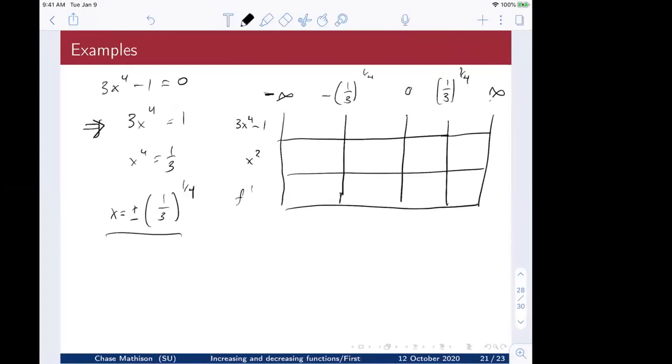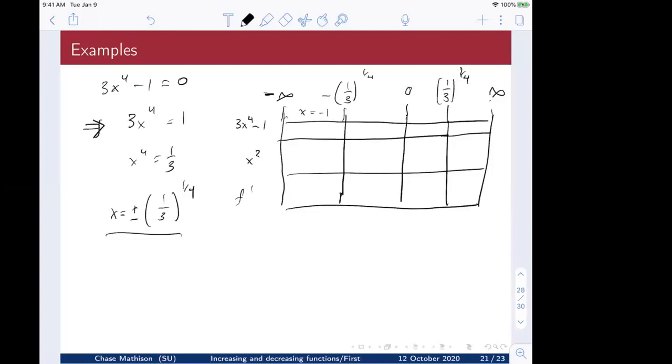Okay, so let's look at some of these values. It's hard to know how big 1/3 to the 1/4 is, but we know it's got to be smaller than 1. It can't be bigger than 1. So I'm going to choose as a test value here, x is equal to -1.